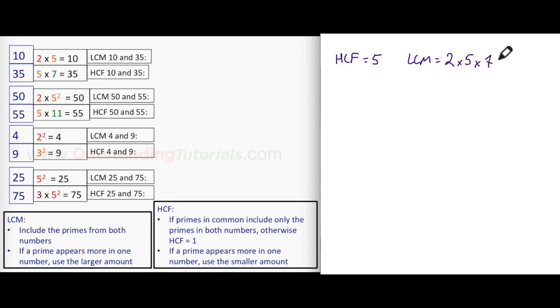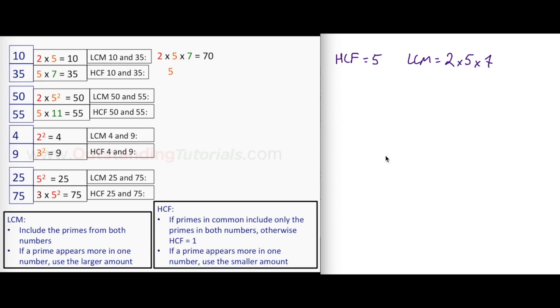I don't need to choose a larger one because the 5s are both the same power. So 2 times 5 times 7 would be the lowest common multiple using that representation. If you can follow these rules, this is a much easier way to find the highest common factor and lowest common multiple of numbers, especially when the numbers get very large.